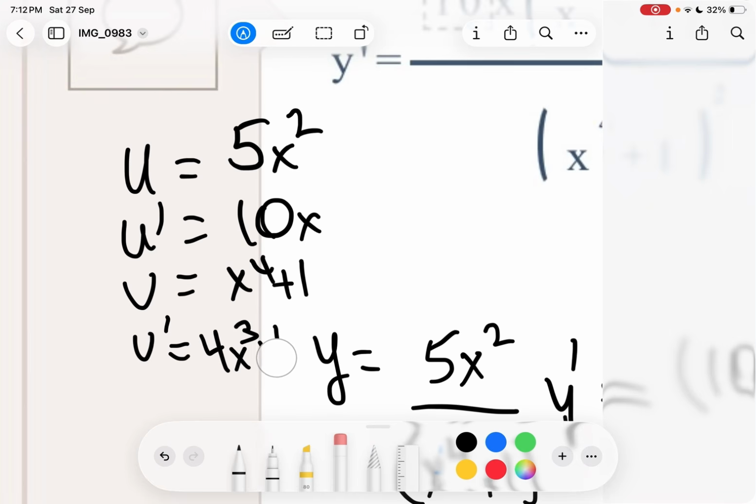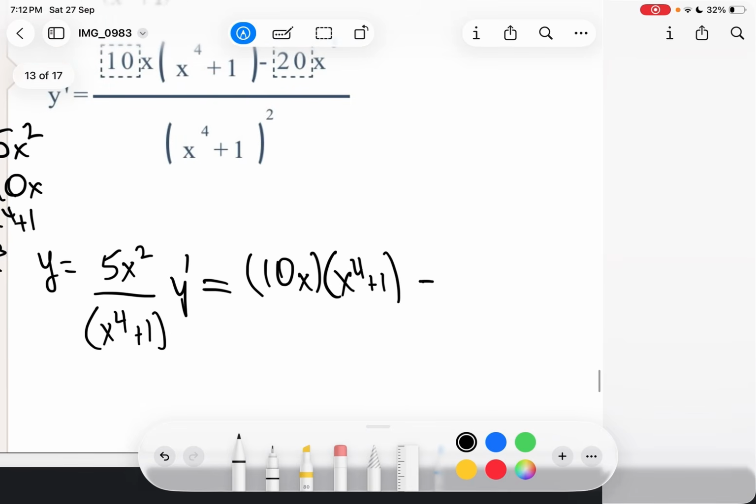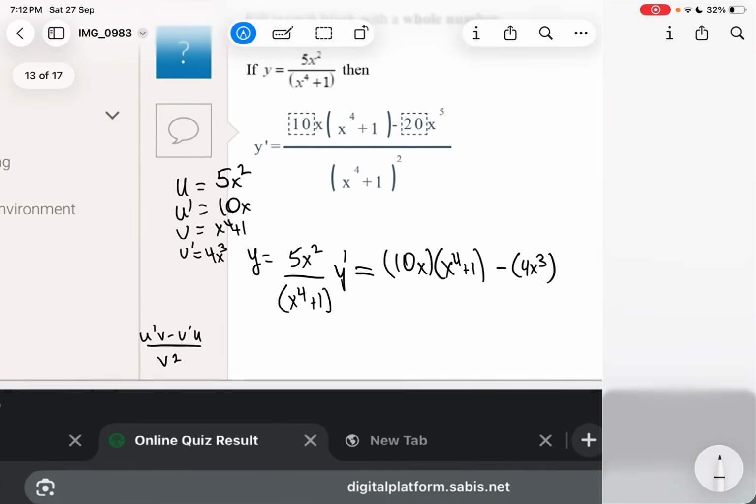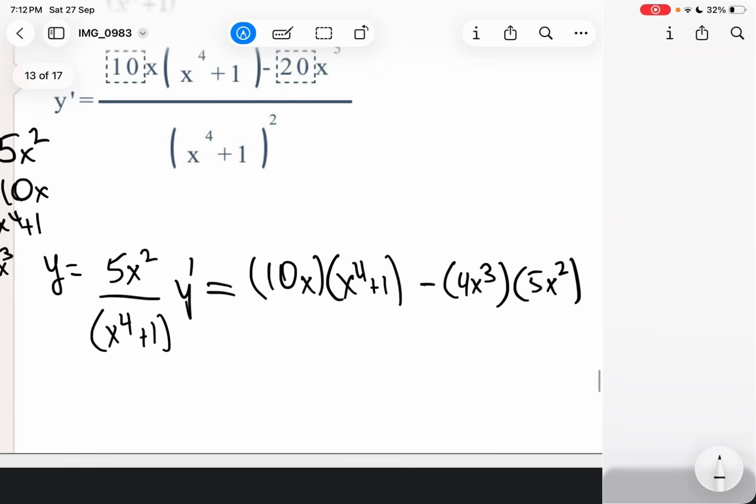It's not supposed to be plus 1 because the derivative of 1 is nothing. So that's my mistake. So v prime is 4x^3, and u is 5x squared, over v squared, which is (x^4 plus 1) to the power of 2.